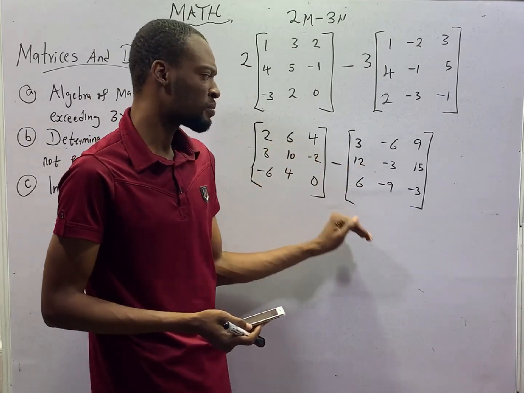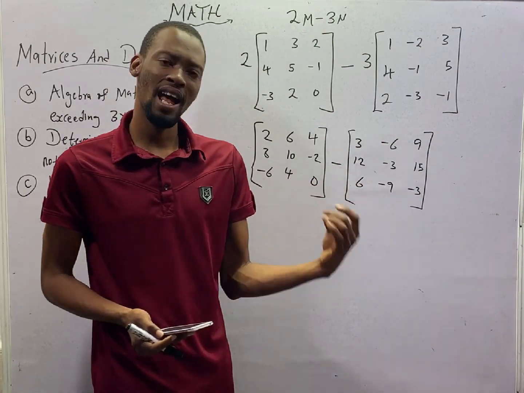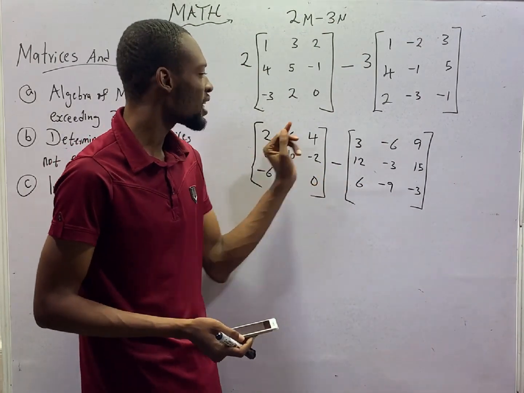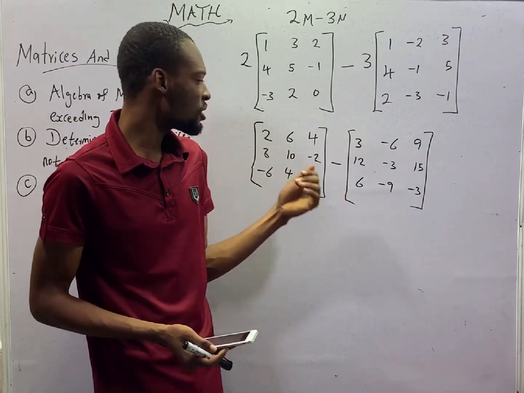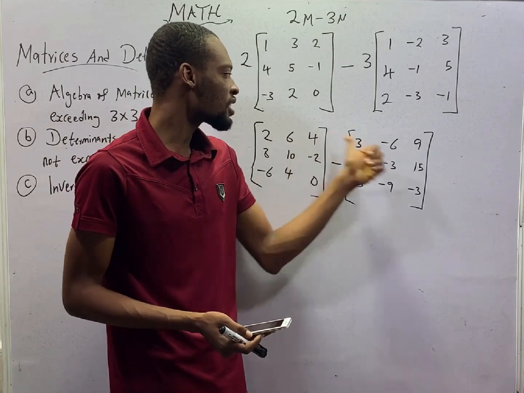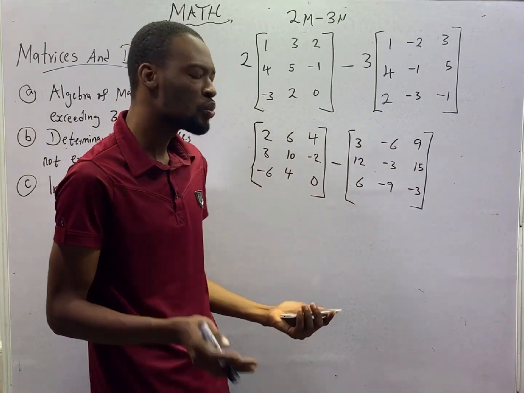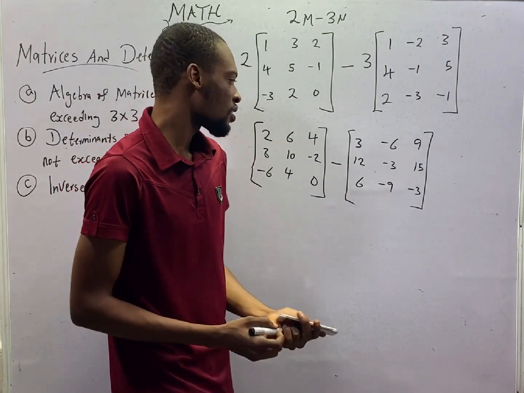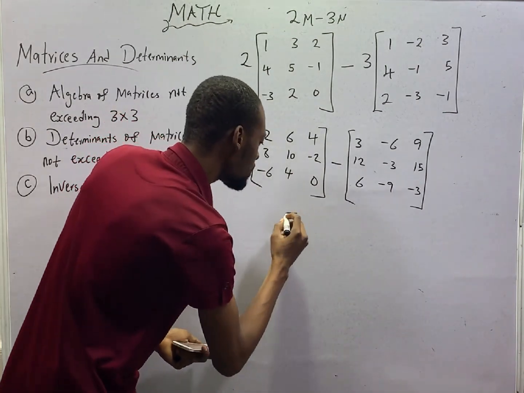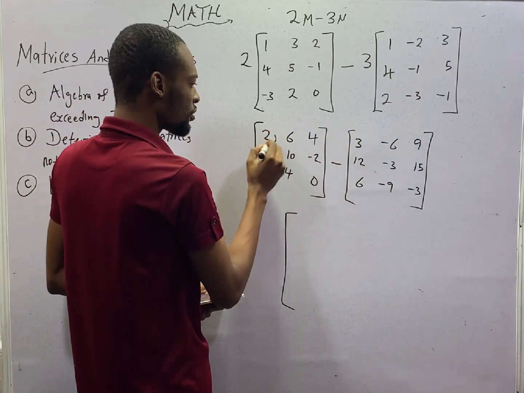So the way we subtract matrices is also the way we add matrices. While adding the matrices earlier, we said add the corresponding elements, meaning 2 and 3 here are in the same position, you add. 6 and minus 6 are in the same position, you add. That is how we also do for subtraction. You subtract the ones that are in similar position. Here, 2 and 3 are in the same position.